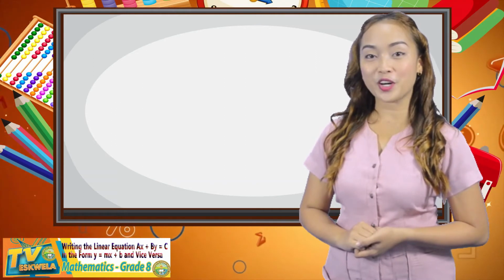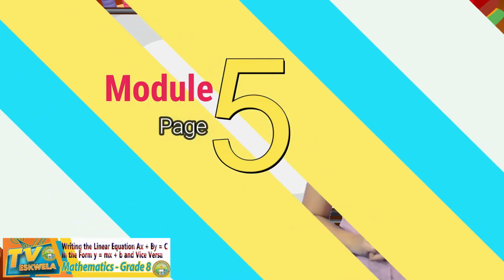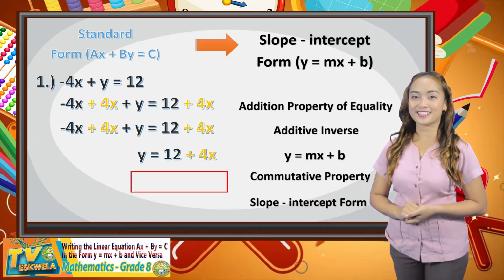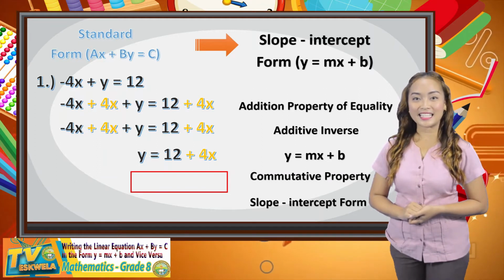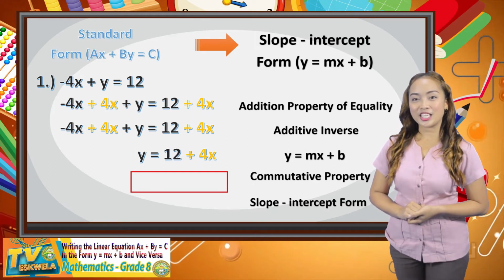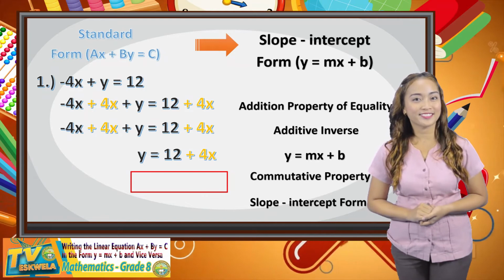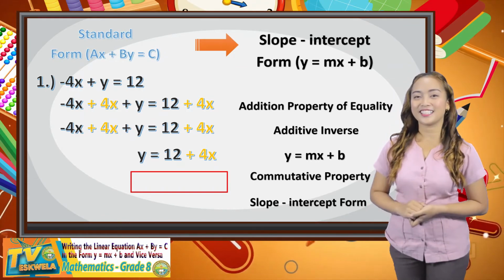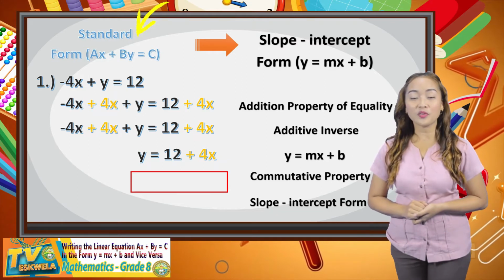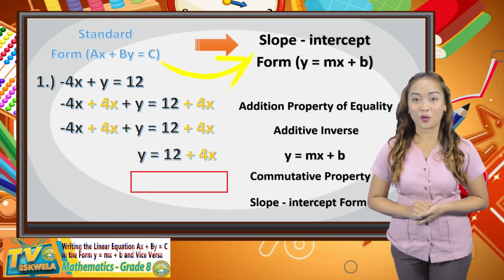Let us take this first example from your module on page 5. Number 1. Negative 4x plus y is equal to 12. The given equation is in what form? Very good. It's in standard form. So we will rewrite this one in slope-intercept form.